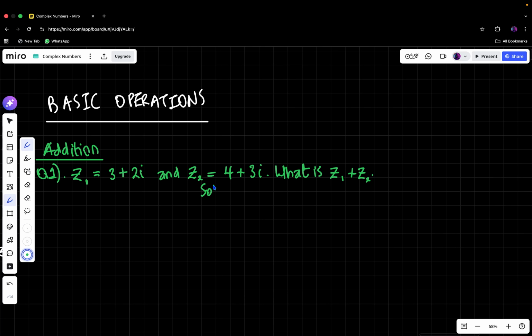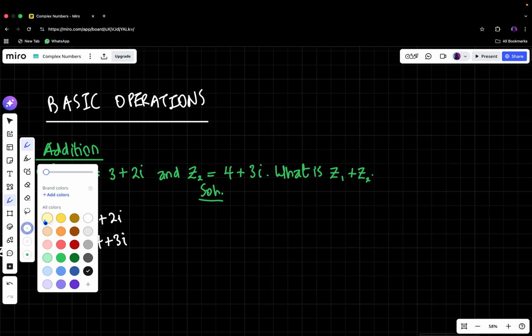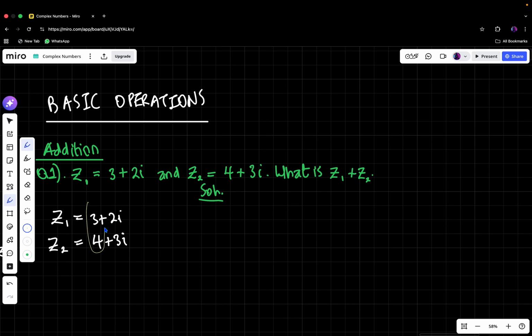Now, here is the solution to that. A real to a real, imaginary to an imaginary. We know that z1 is equal to 3 plus 2i, and z2 is equal to 4 plus 3i from the question. So we can only add the real parts. The real parts in this equation are 3 and 4.